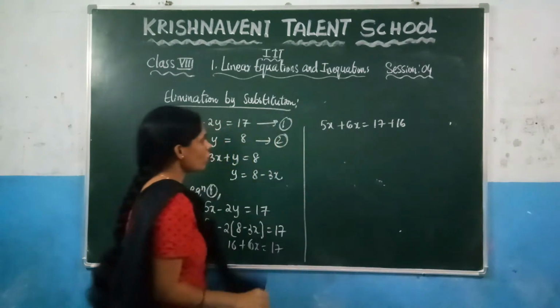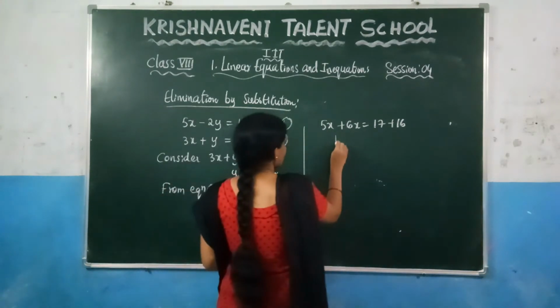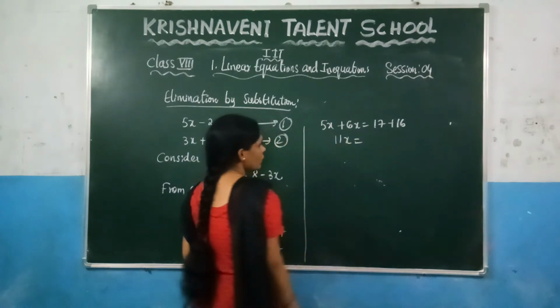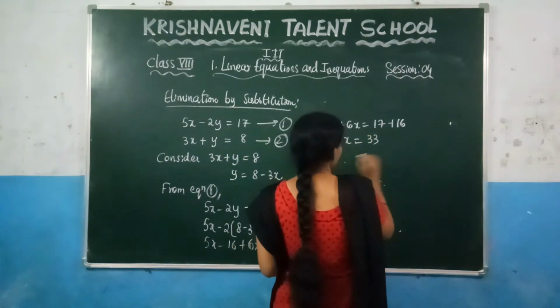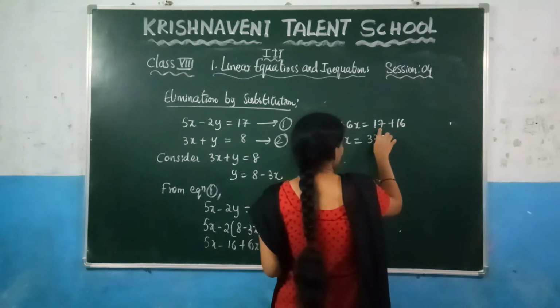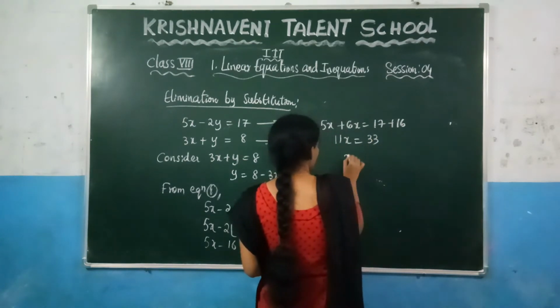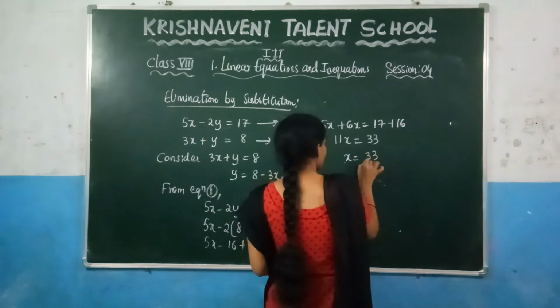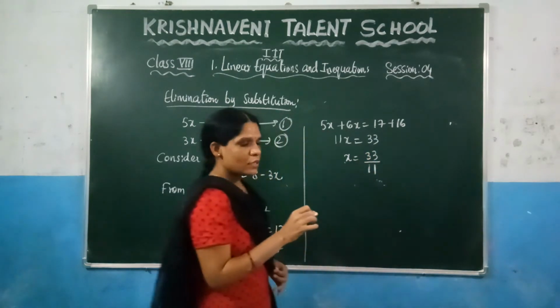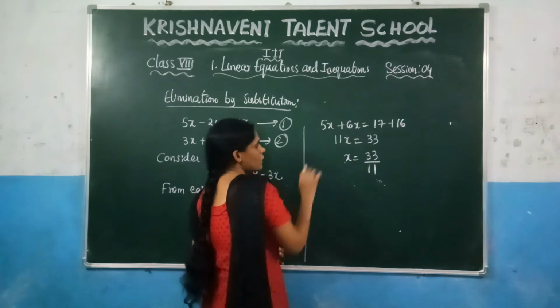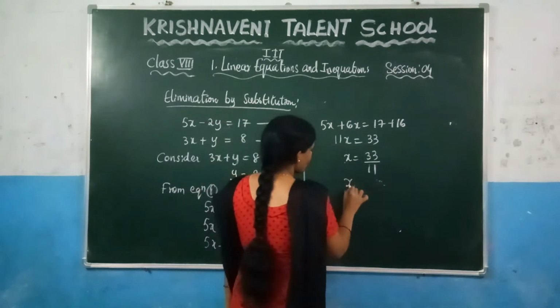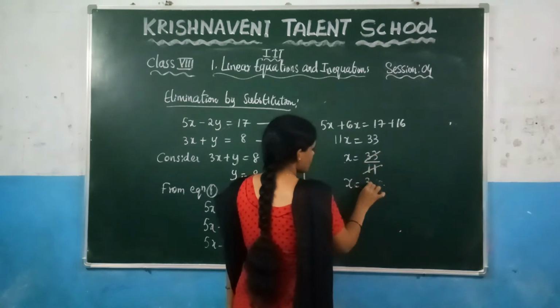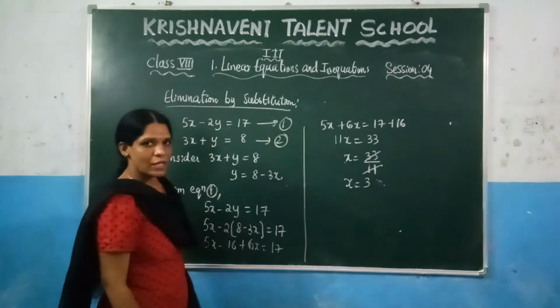The value of 5x plus 6x is nothing but 11x, is equal to 33, right? 17 plus 16 gives you 33. So what is the value of x? 33 by 11, right? If you take the multiplication to the right hand side, it will become division. So the value of x is 3. Now we got the value of x.